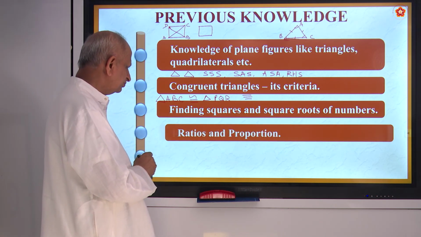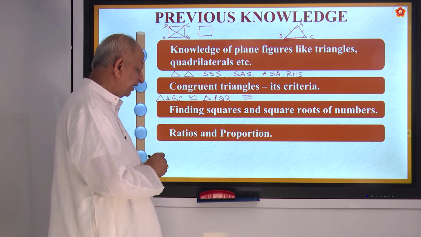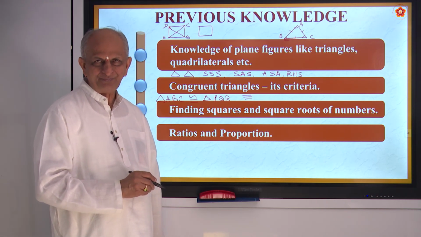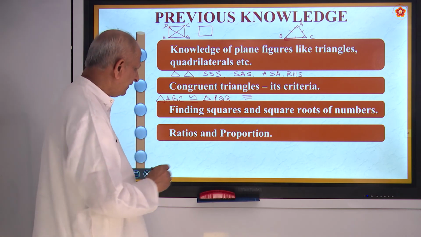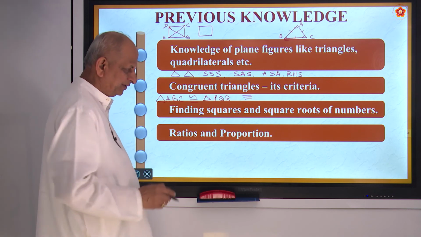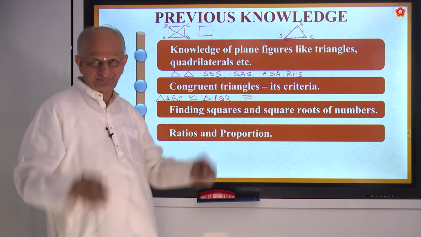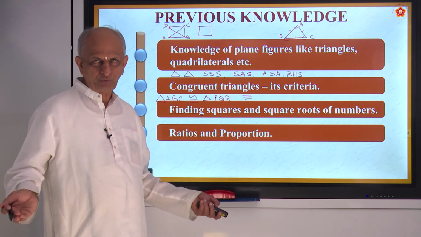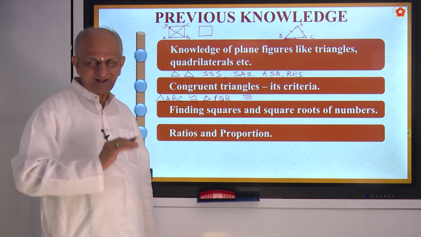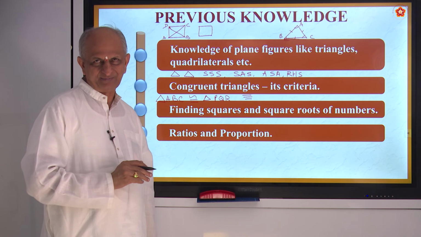And also we have heard about ratio and proportion. What is ratio? Ratio means comparison of identical items. Heights of two boys, weights of two boys. Same identity or quantity you must take.